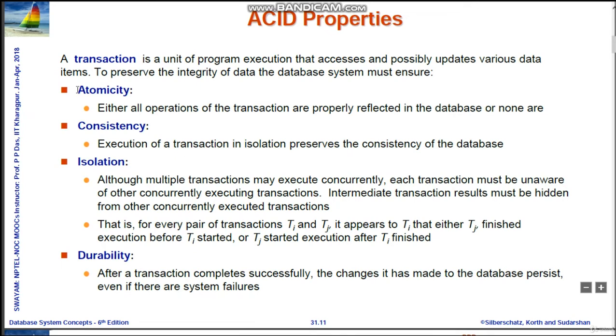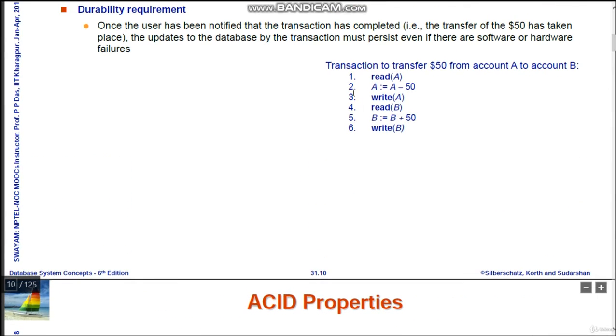So first is atomicity. We have studied it: either all operations of the transaction are properly reflected in the database or none are. So you can see these six steps are getting done. If there is any error, say these three lines are executed but it has failed at this line, then we say our transaction is none.